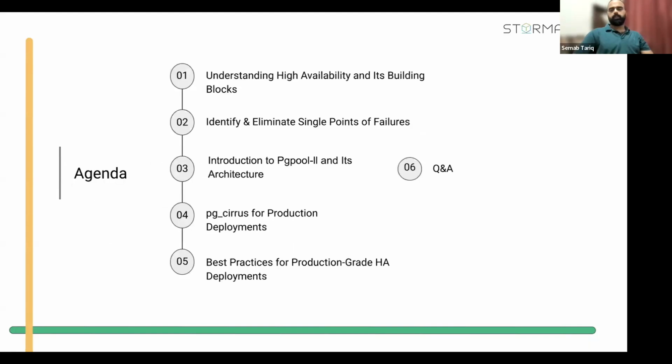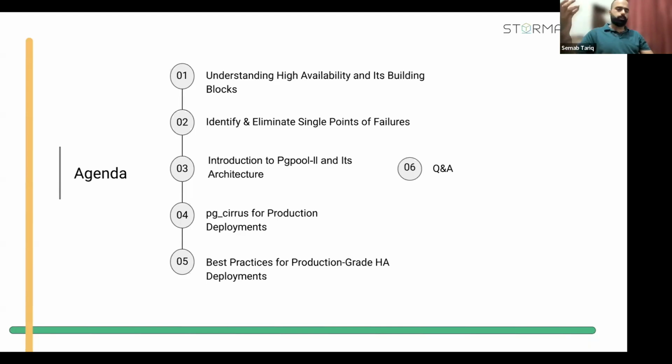Yeah, thank you. So coming back to our agenda for today's meeting. First of all, we are going to understand what high availability is in Postgres and databases. Then we are going to see what its different components are. Then we are going to understand what a single point of failure is, how to identify it, and how we can eliminate single points of failure from our clusters.